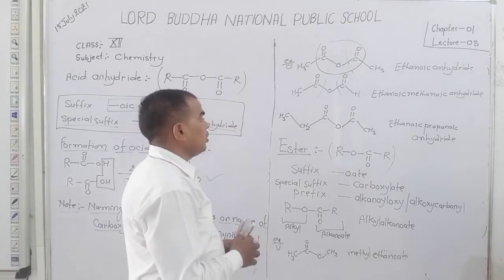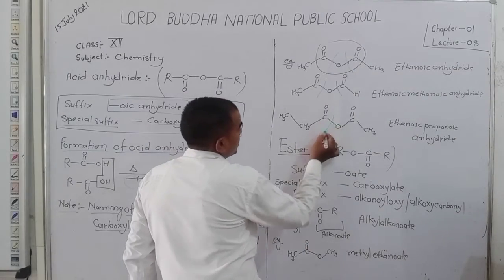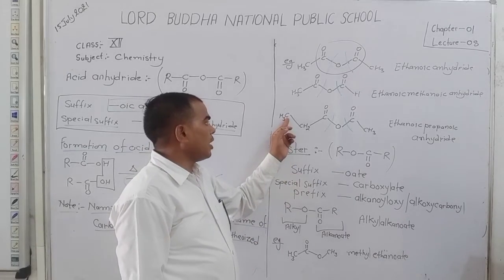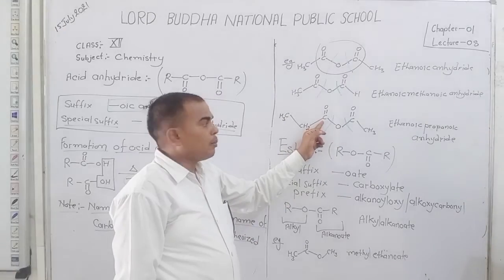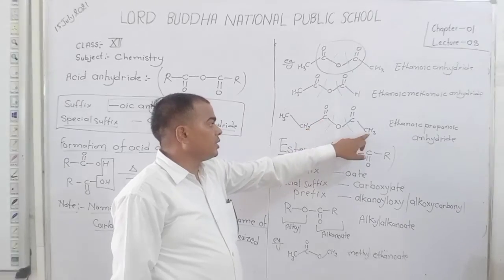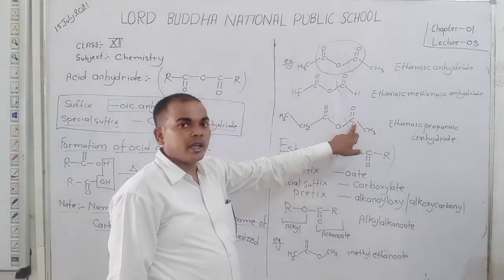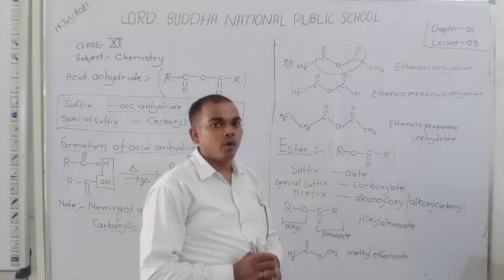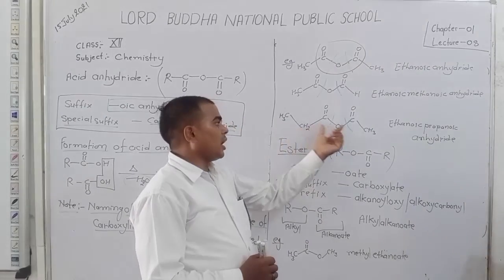Okay, now separate here. In this compound, 1, 2, 3 carbons means propanoic acid, and in this one, 1, 2 carbons means ethanoic acid. This anhydride is obtained from propanoic acid and ethanoic acid.